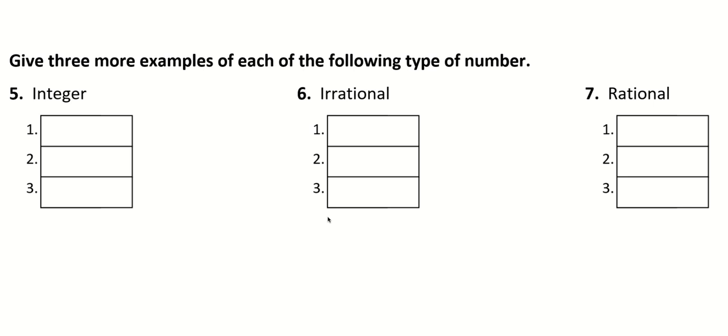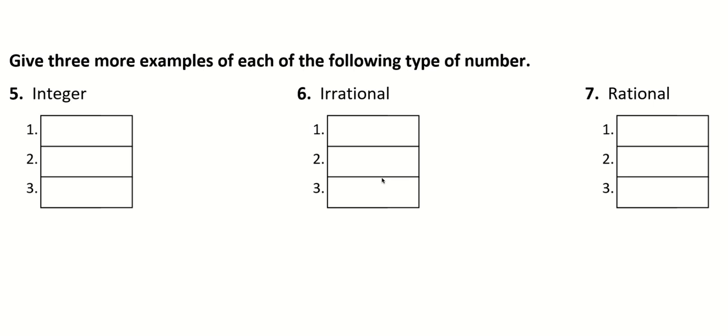So irrational, you could put something like pi. You could put the square root of 2, the square root of 3, like so many square roots. Square root of 7, square root of 12, square root of 20, square root of 15. So most square roots that would pop into your head, you could put as irrational.